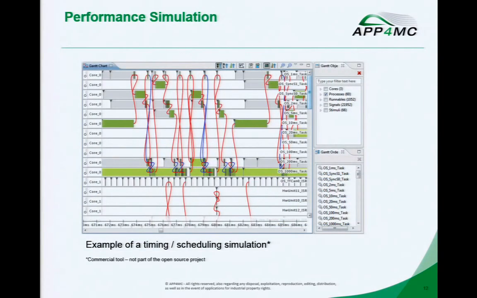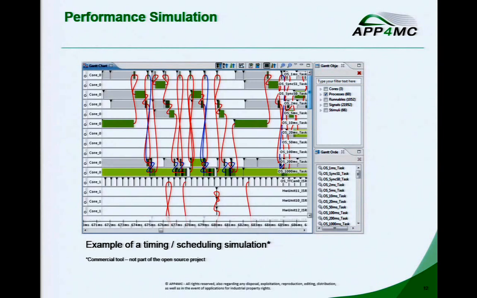As an example, I will show you a screenshot of a commercial tool we use. If you look at it, you have here core 0 and here core 1, and there are different priorities. If this is the beginning of the computation, then it will be interrupted by another one, or at the end, another one will start.